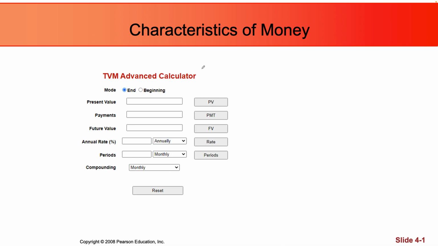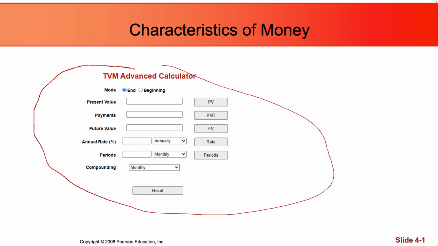Okay, so again, characteristics of money. From this time value of money calculating platform, there's always a present value. And when we start talking about loans, this is going to be the amount that we borrowed. So this is the loan amount.